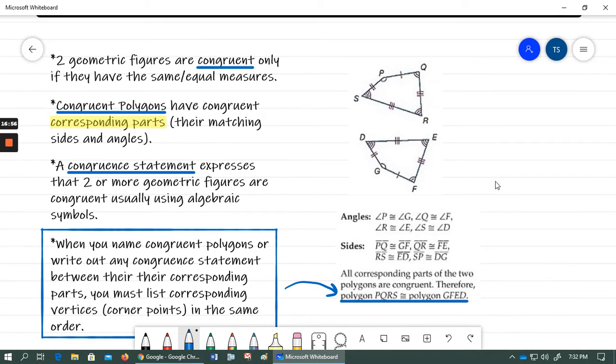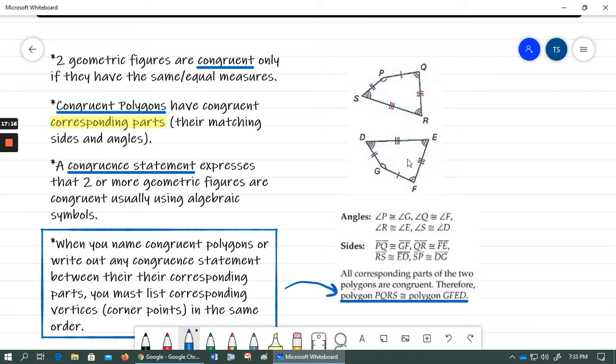All right, so again, folks, we're going to move on, but you can see here that all of the corresponding parts for those two polygons are congruent. And you can tell that based on those congruency marks.